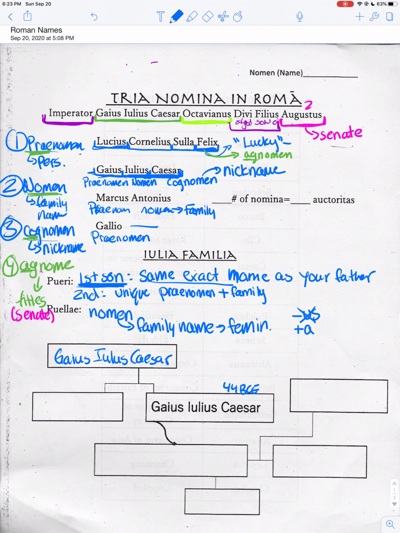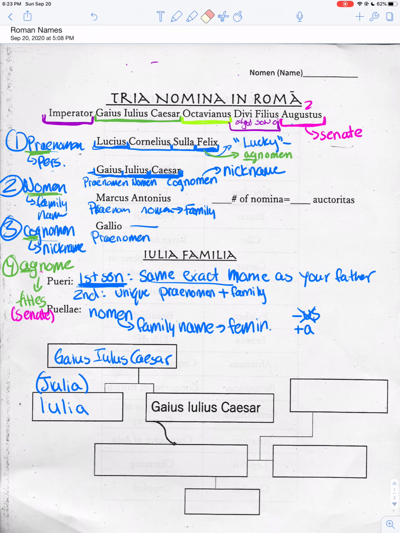So we look for, this is the praenomen, this is the nomen, and the cognomen. So we're looking at the nomen right here. We take off the US and make it feminine and add an A. So Julia, or you would call her Julia nowadays when you use the J.